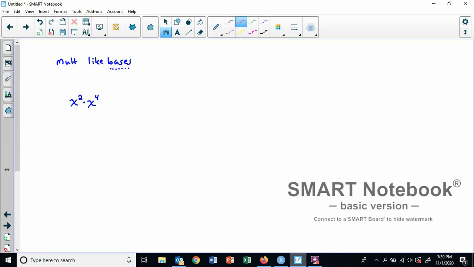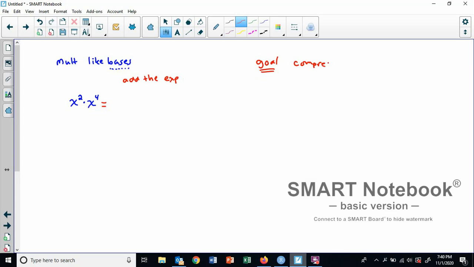How to make this nicer. Let me give you the rule, and then I will explain why this rule is, and it's easy to see. The rule tells us to add the exponents together.